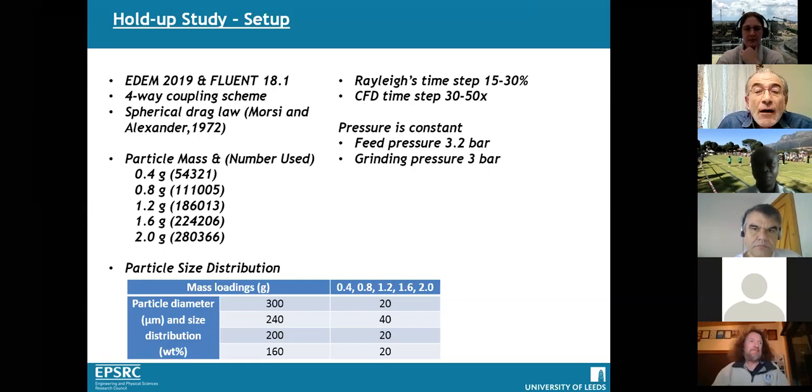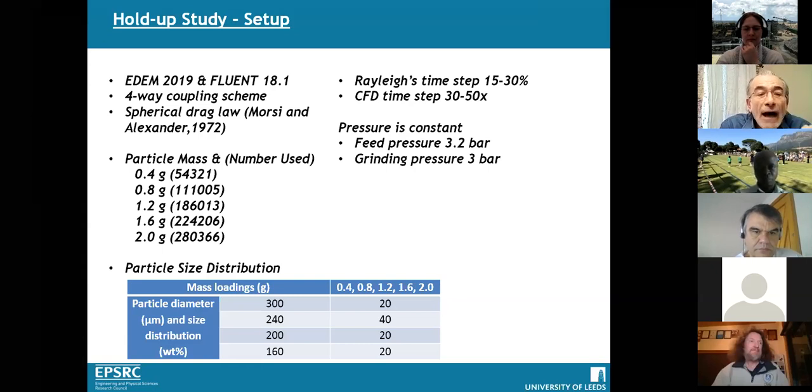For the pressure, we have used constant pressure in this simulation, although we have changed the pressure recently. So the feed pressure is 3.2, grinding pressure is 3 bar. These are bar G. And of course, these are low pressures as compared to practice, which is roughly 1 or 2 bar larger than this. But this is something that we have used previously, so it was a basis for comparison.